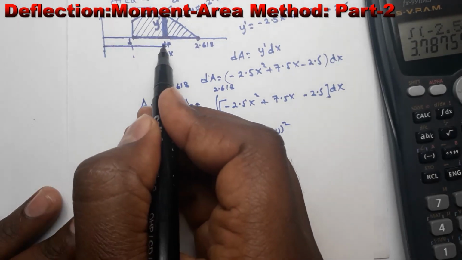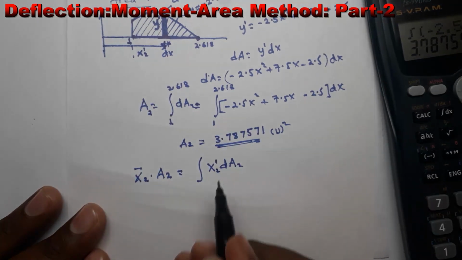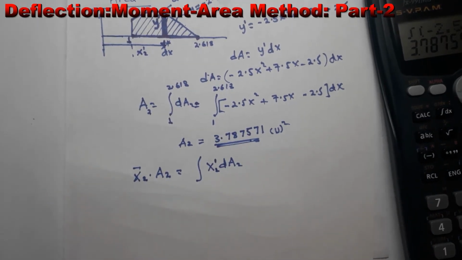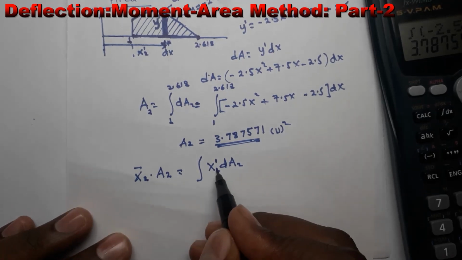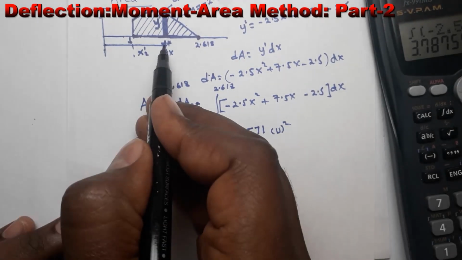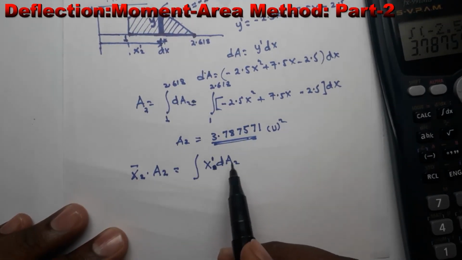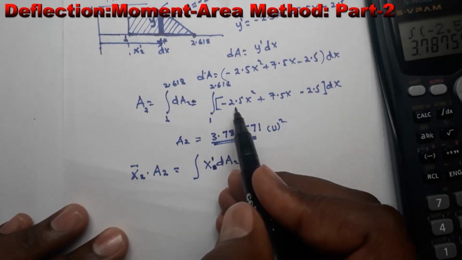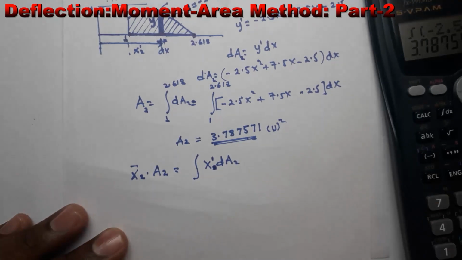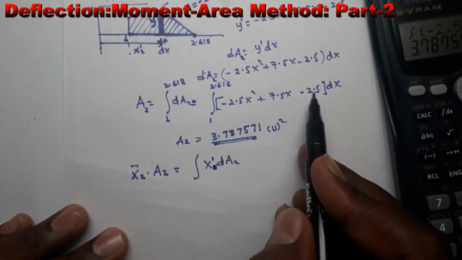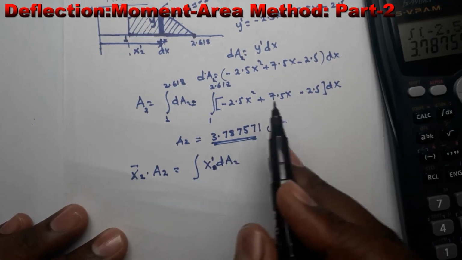From here up to here, it is x prime 2. You can say it's just x, it does not matter. So it's x from here up to where I have taken the section. So this x is multiplied by dA2, where dA2 is given by this function. So this function times x will be my function.